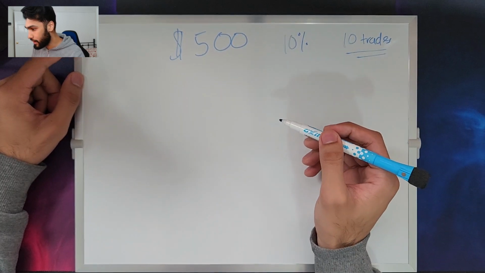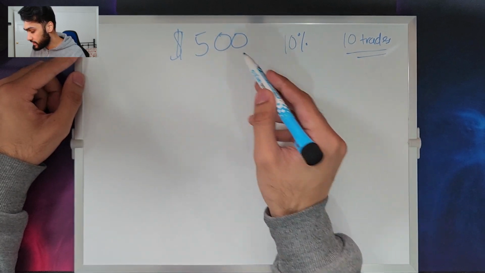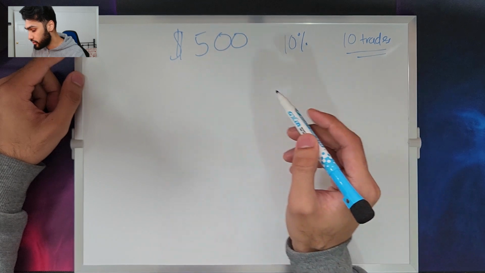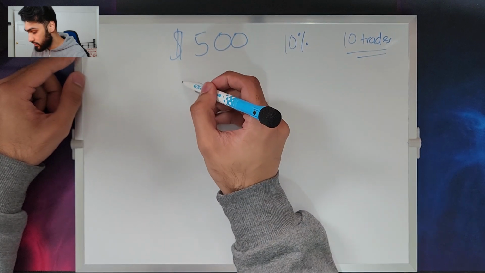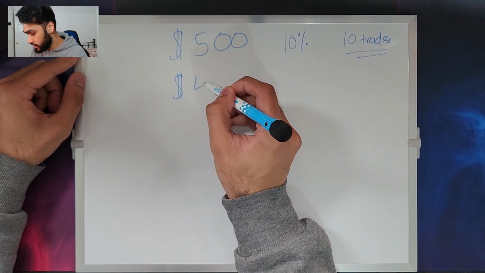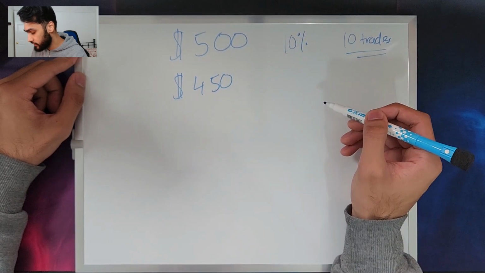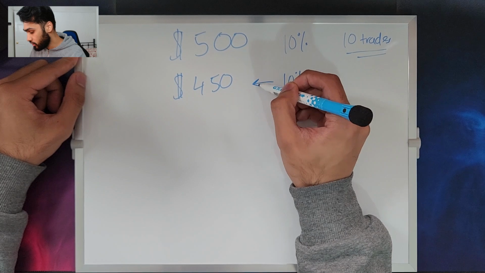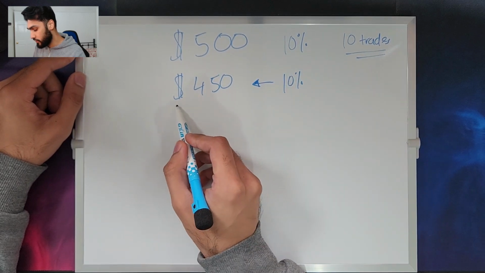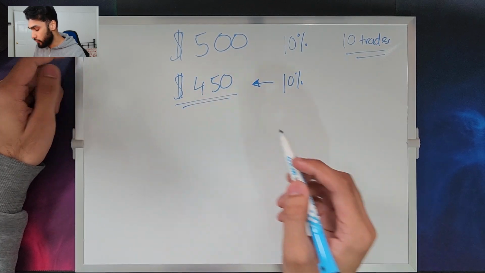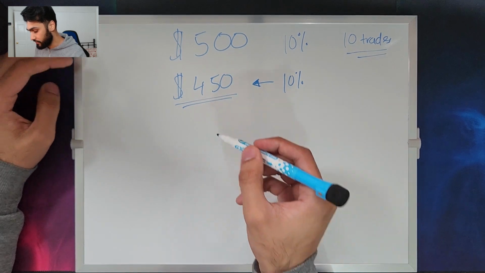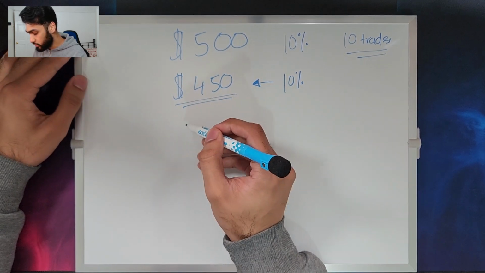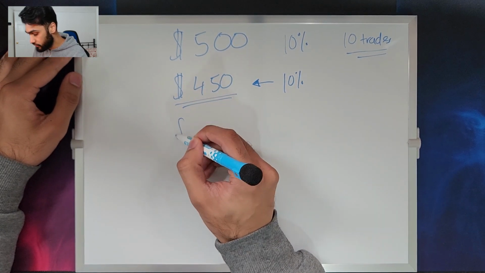However, with the compounding strategy, if you're risking 10% of $500 and you lose the first trade, you're left with $450. Now, in this case, you're going to be risking 10% of the account balance, which is $450. So for the next trade, you're going to be risking $45.